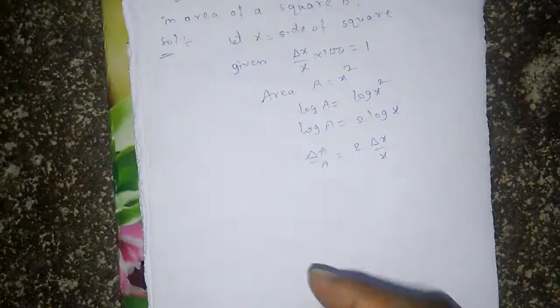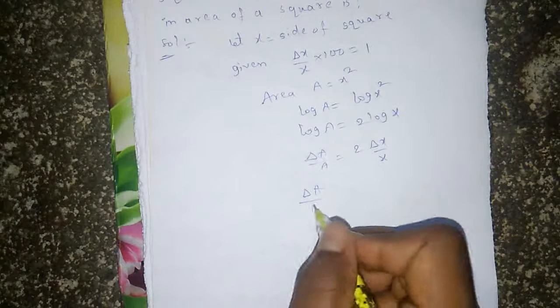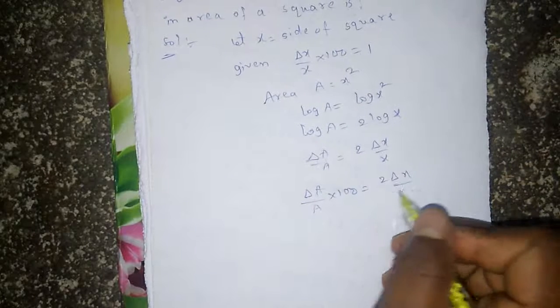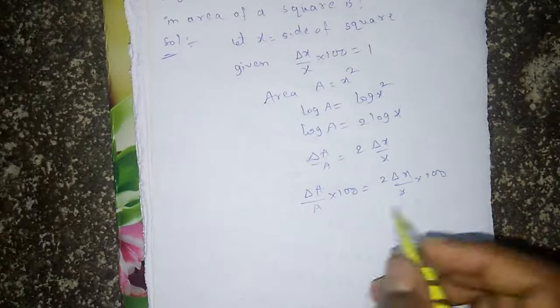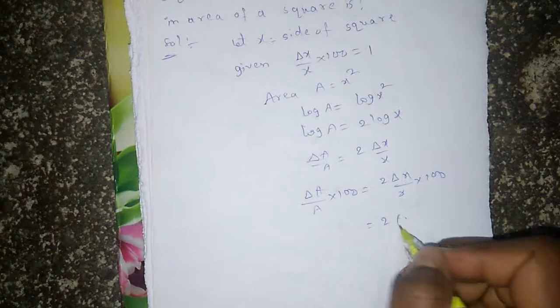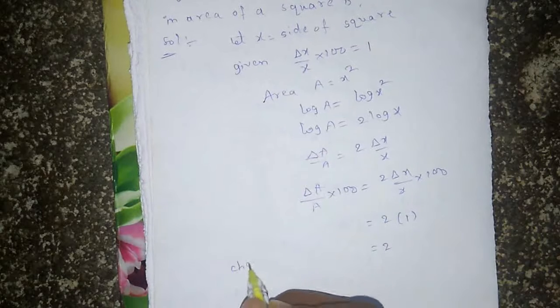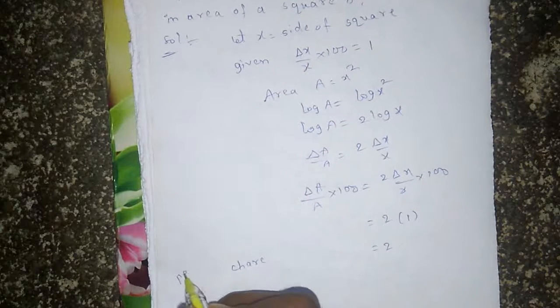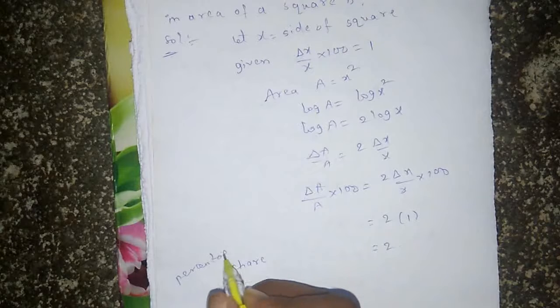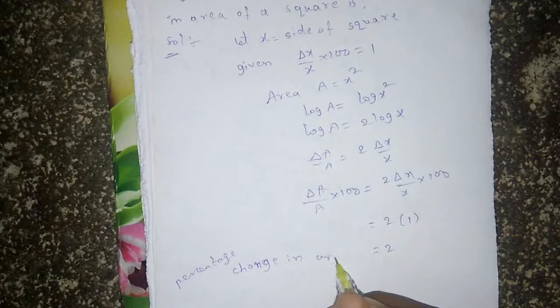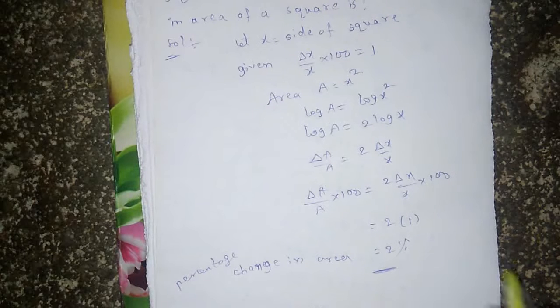Now multiply by 100 on both sides. Delta A by A into 100 is equal to 2 into delta x by x into 100. 2 into this value is given as 1. 2 into 1 is equal to 2. So percentage change in area of square is 2%.